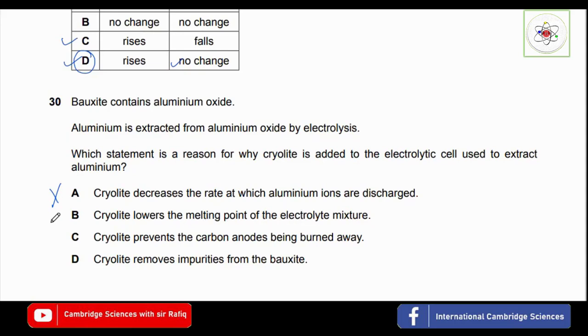Yes, this is exactly why we add cryolite to aluminum oxide, so that the melting point of the electrolytic mixture can be decreased. Cryolite prevents the carbon anodes being burned away? No. Cryolite removes impurities from bauxite? No. Cryolite is only added to reduce the melting point of the electrolytic mixture.